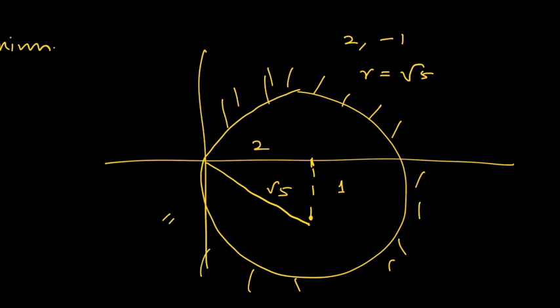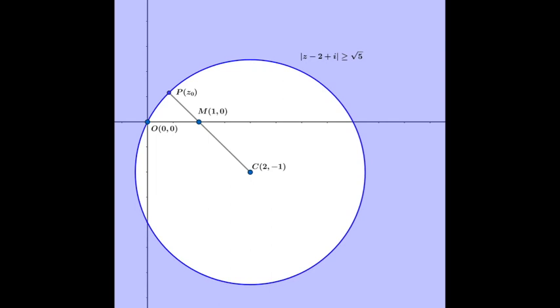Now let's draw a very good figure using computer. You know how to draw this using pen and paper, but I have drawn a very neat figure using computer. I'll just quickly show you that picture. Now look at this picture.